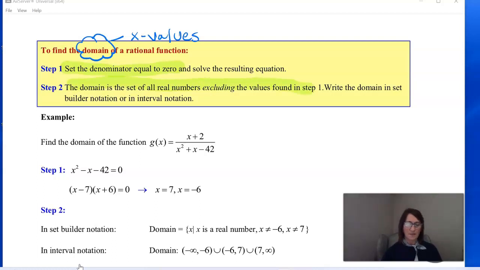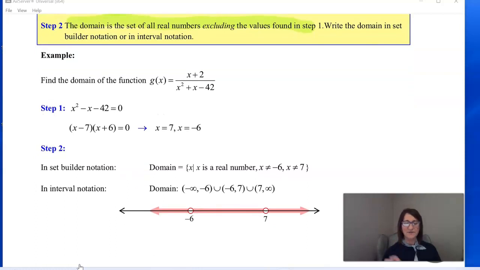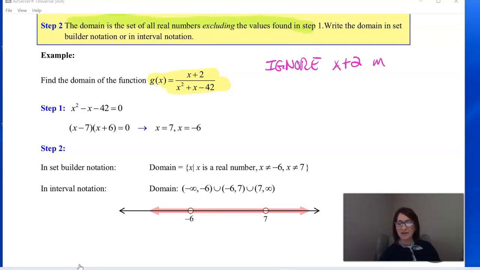All right, so let's find the domain for this g function. We've got g of x is equal to x plus 2 over x squared plus x minus 42. The very first thing I want us to do is ignore x plus 2 in the numerator.